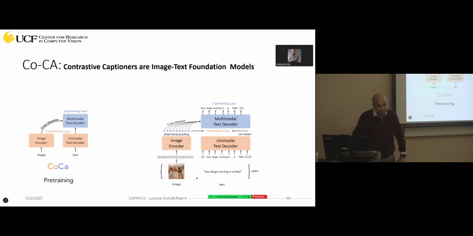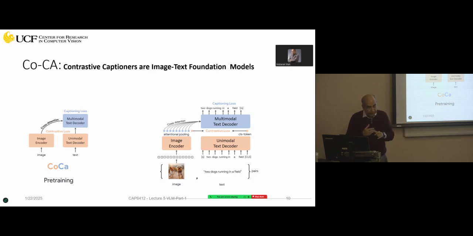Contrastive, simple, as we discussed. Now these tokens go to this multimodal text decoder, and that's where we combine image information and text information. Here we will have a cross attention.